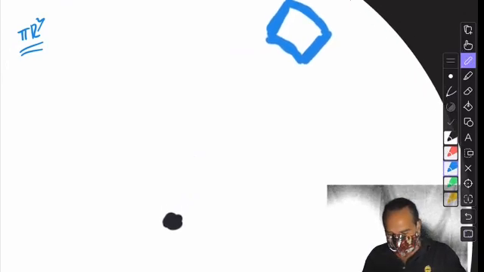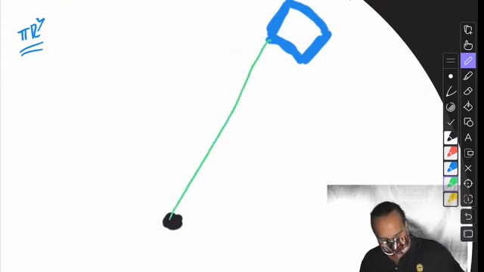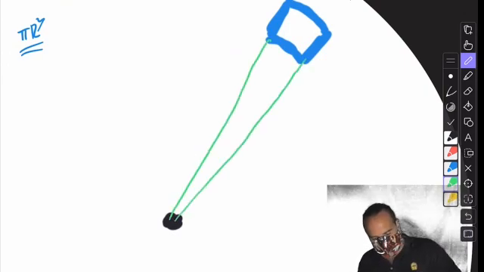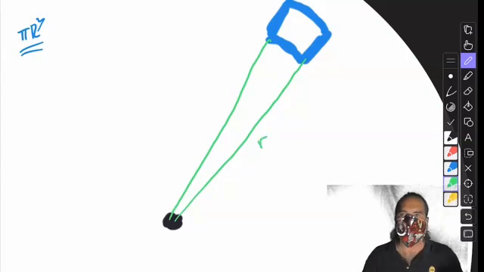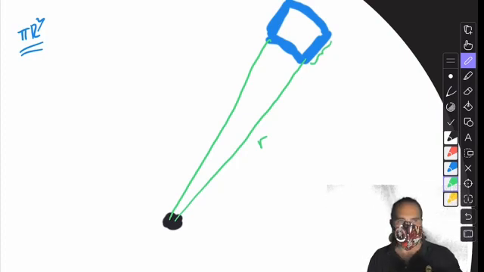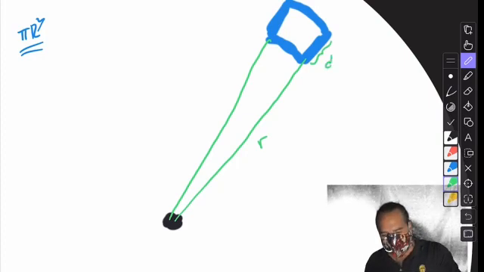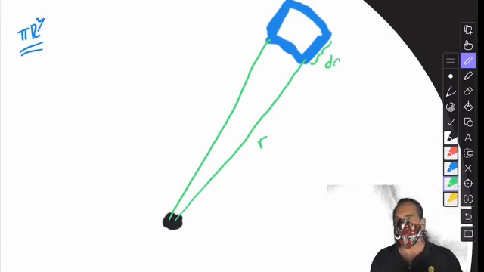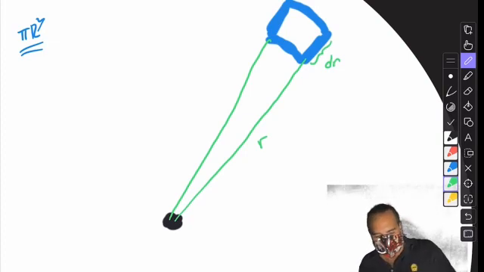I want you to imagine that we could point to where this piece is. I'm drawing two pieces because this is a distance r away, so r away from the center. Each piece is going to have a width. My width is going to be radial, so I'm going to call that width a small increase in r, dr. Also, there's going to be a length, this side.